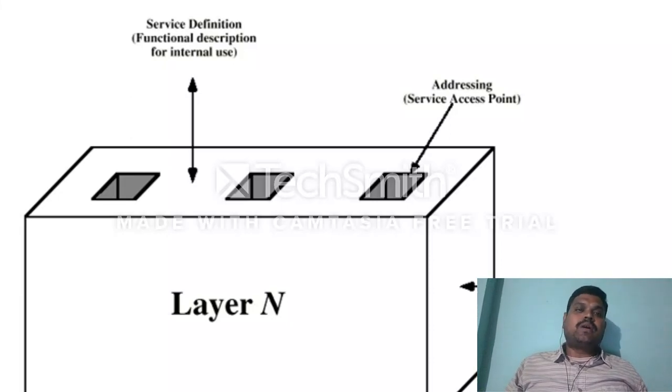And if you want to send a packet from your machine to another machine, the addressing port will help you forward the packets. Each layer has a specific boundary and specific functionalities. So you can do whatever you want within the boundary and within the functionalities.